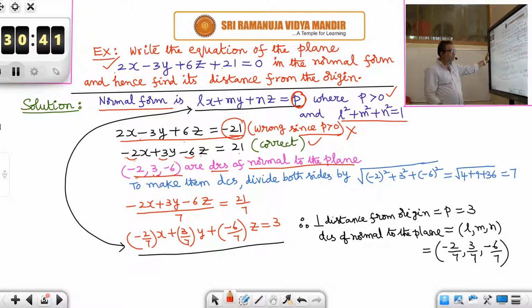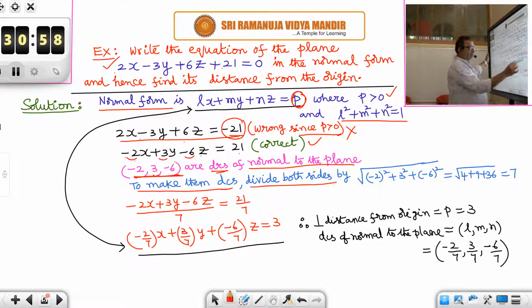Okay. So how to make a vector a unit vector? By dividing by its modulus. So to make them DCs, if you want to make DCs, this minus 2, 3, minus 6 vector should be made a unit vector. So divide both sides by its magnitude. The magnitude is root of minus 2 whole square plus 3 square plus 6 square, that is root 49, which is equal to 7.